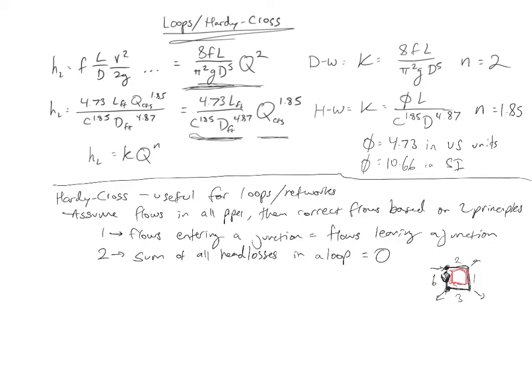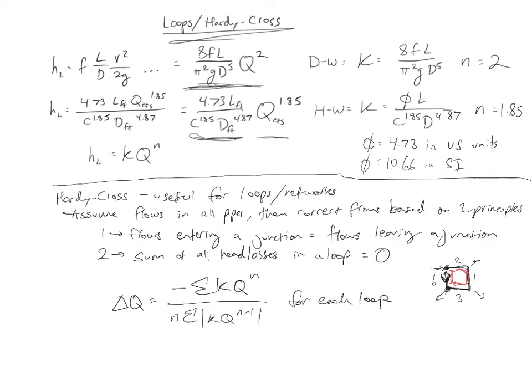Okay, so what is our governing equation? Our governing Hardy-Cross equation is that delta Q is equal to negative summation kq to the nth divided by n times the summation of the absolute value of kq to the n minus 1, for each loop.